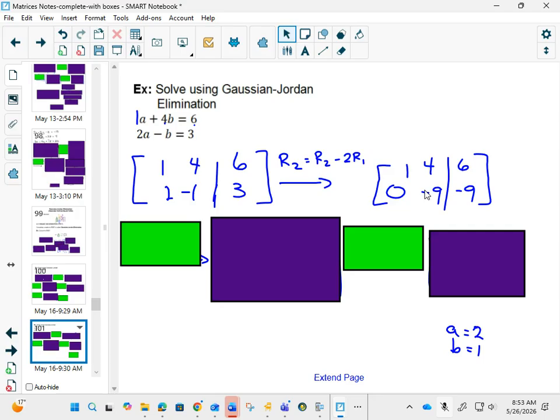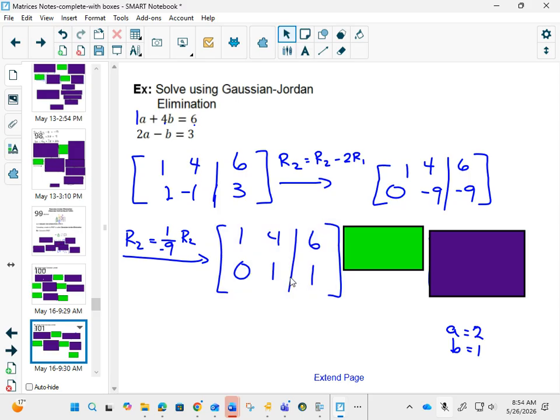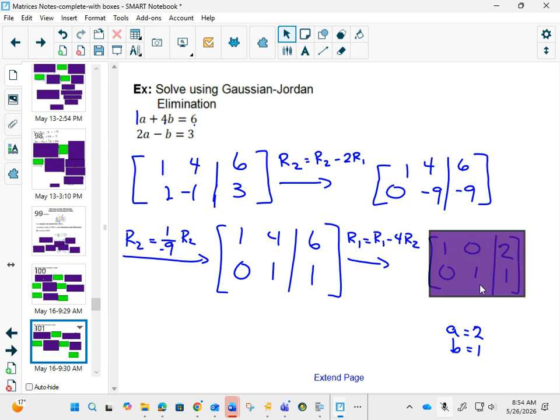Don't necessarily erase it, because your instructions might have been a little bit different, and it would still get the 0, but maybe you got +9 and +9, or something different. But if you got b is equal to 1, you're fine in the end. If not, maybe something did go wrong. Then I took row 1 and minused 4 row 2's to make this a 0.